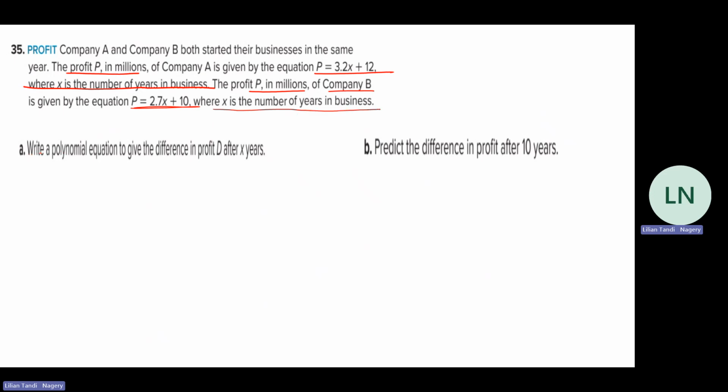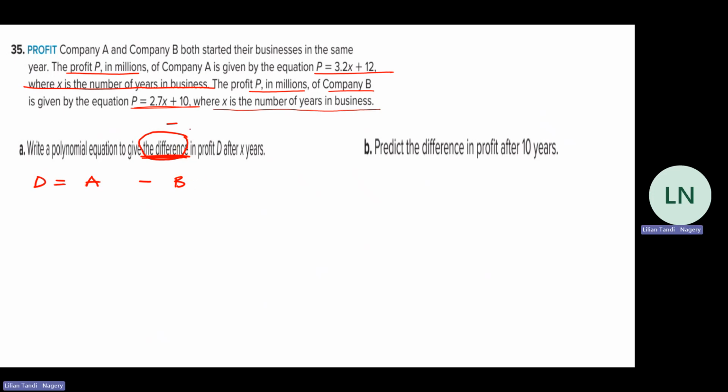Write a polynomial equation to give the difference. So the difference means to do what? To subtract. Okay? So write a polynomial equation to give the difference in profit D after X years. Okay, so you're going to do D equals Company A minus Company B.